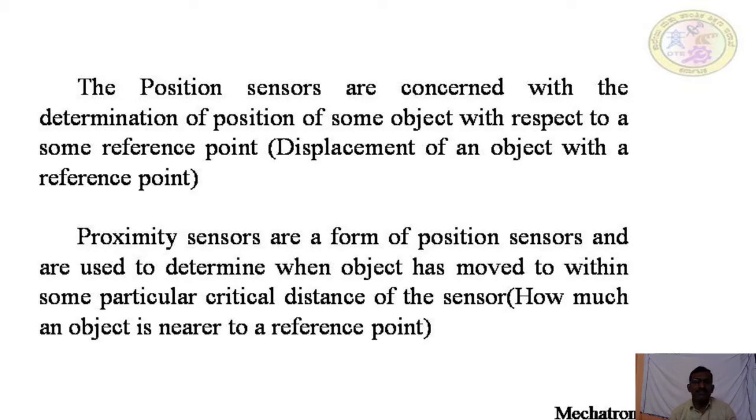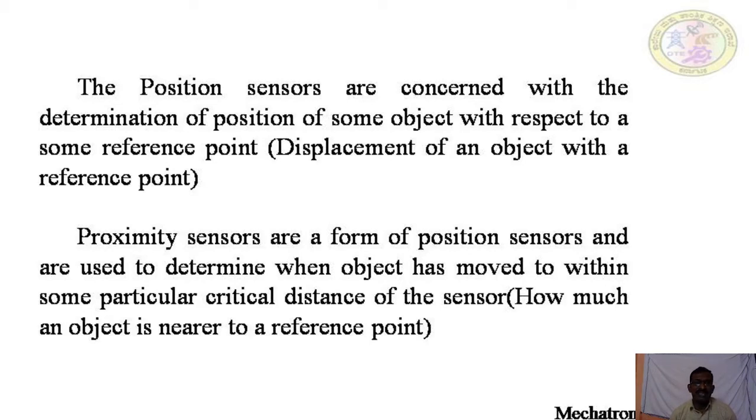The movement of an object can be measured with respect to a point. It is a critical distance of an object, known as proximity.